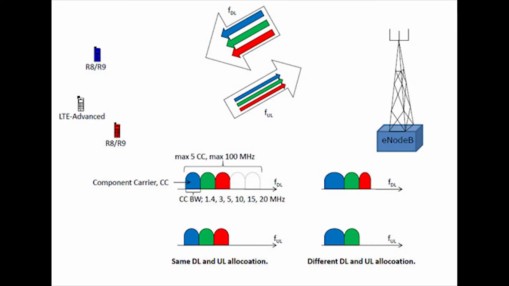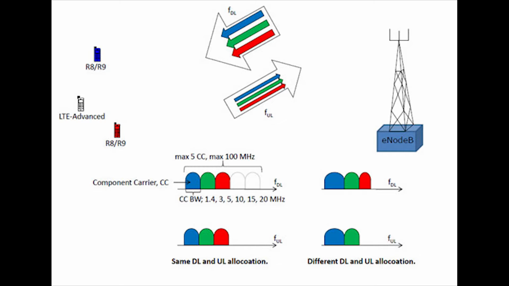High peak data rates and average throughput per cell are supported by the LTE-Advanced system with the wider bandwidth. LTE-Advanced uses carrier aggregation with two or more component carriers, or CC, so that bandwidth larger than 20 MHz can be supported.